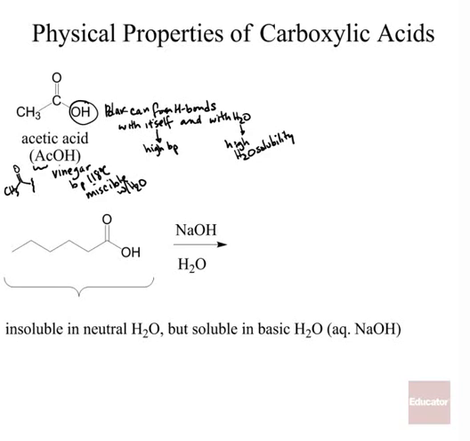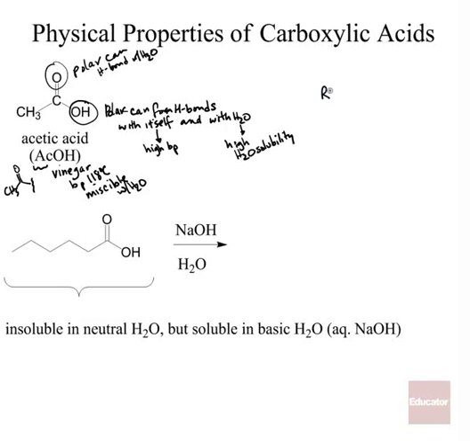Okay, and that's because it has this OH group. In addition, it also has this second oxygen, the carbonyl, which of course is also polar and can do the same thing. It can form hydrogen bonds with water. In other words, it can be a hydrogen bond acceptor. So there's a lot of characteristics of a carboxylic acid that make it very familiar with water and very, very much like water.